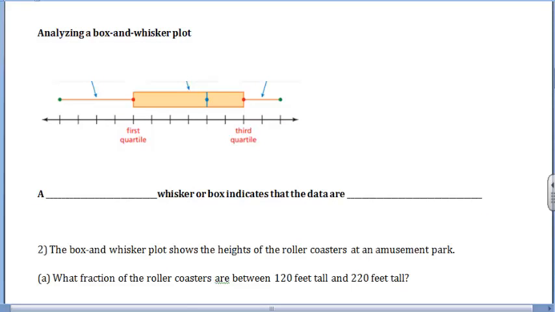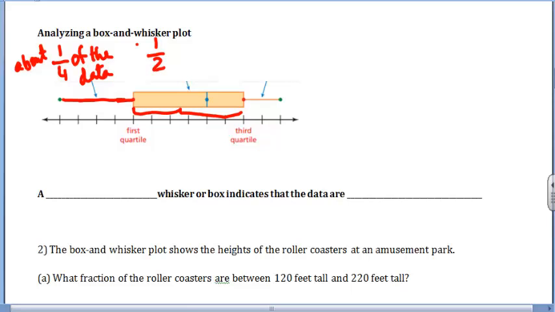Again, we know that this is the whisker, and this whisker or this part has about 1/4 of the data in it. Of all the given data values, there are about 1/4 within that whisker. Within this box, there's about half the data.